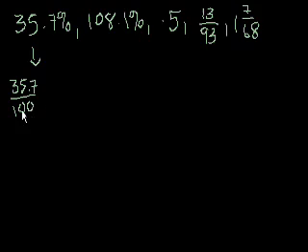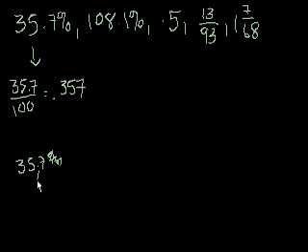So 35.7 over 100 equals 0.357. If this got you a little confused, another way to think about percentage points is if I write 35.7%, all you have to do is get rid of the percent sign and move the decimal to the left 2 spaces, and it becomes 0.357.